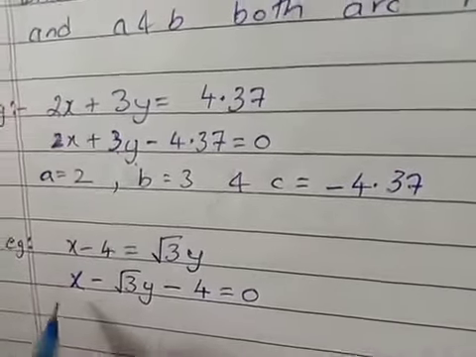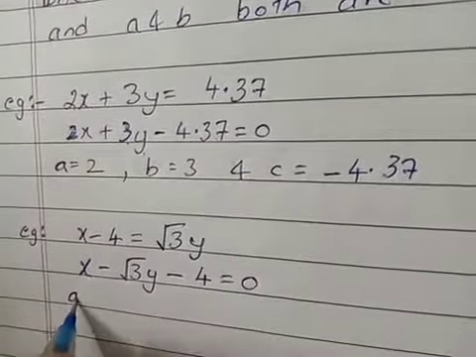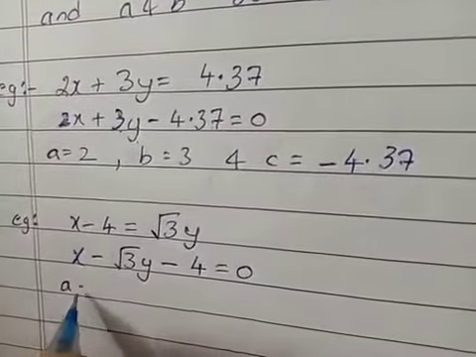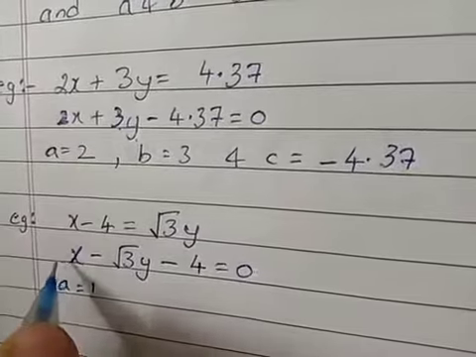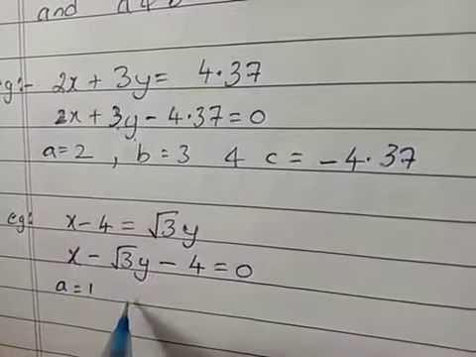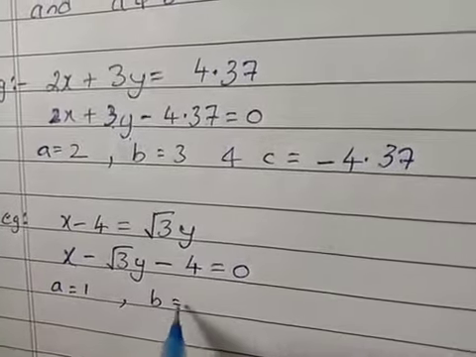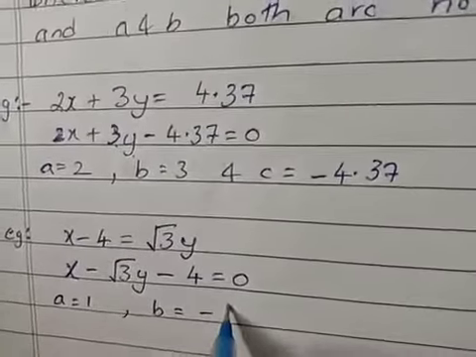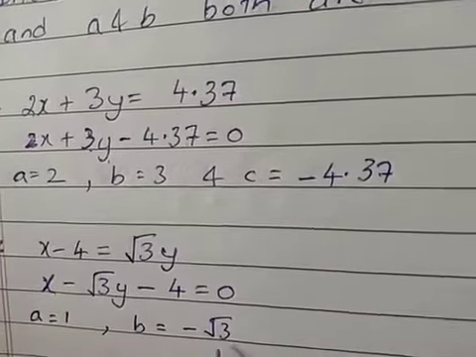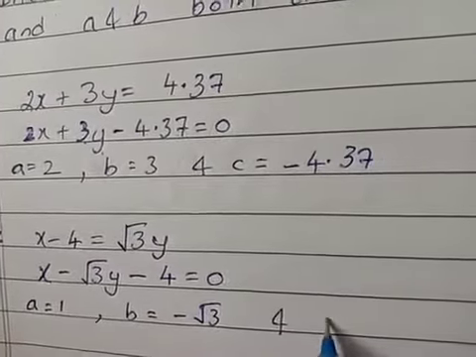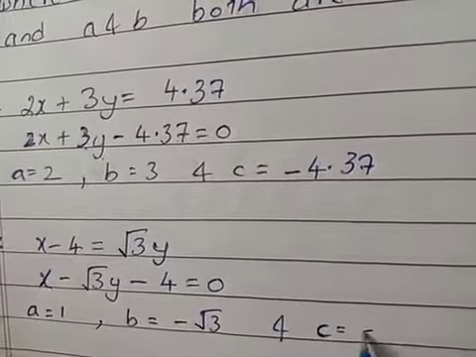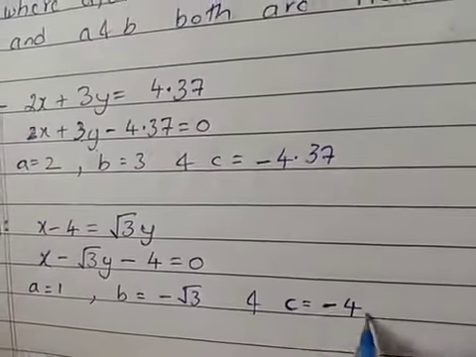What is the value of a? It is 1, ax means 1x. What is the value of b over here? It is minus root 3. And what is the value of c? It is minus 4.